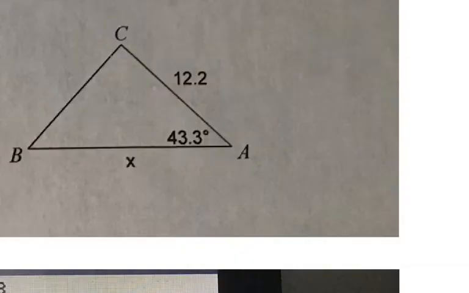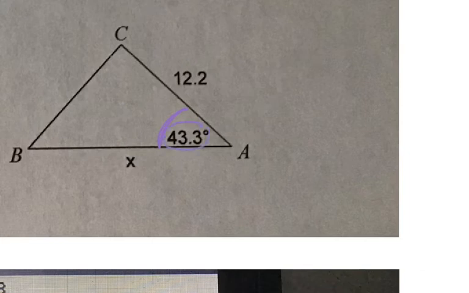Okay, so let's start over with this one. Here's my angle here. Notice this time we know the angle. We're missing a side. Now let's label our sides. Now be careful, guys. See how the right angle's up here?